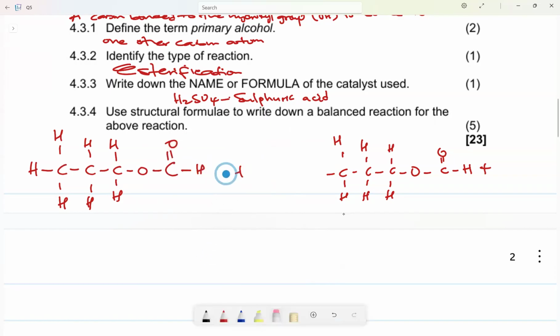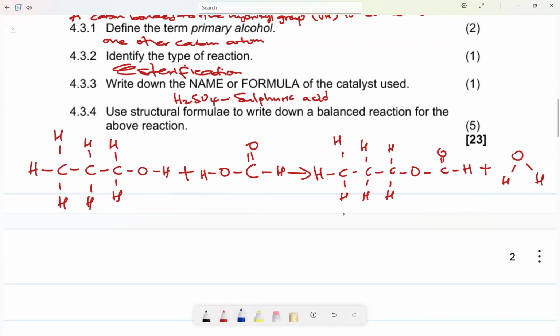Remove this also. This is what we have there. I guess this is the hydrogen. Plus OH. They won't penalize you if you say H2O, it's fine.